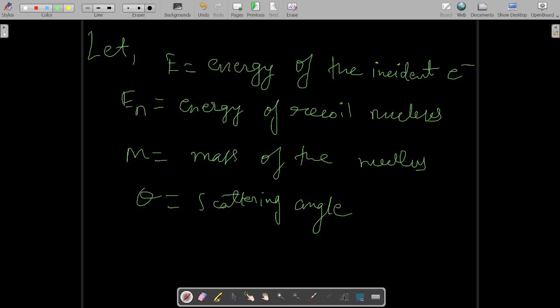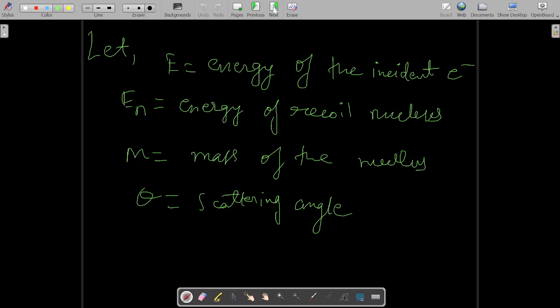So from the theory of quantum scattering, now don't go into the proof of this equation which I am going to write over here, because it is not required for you. So just mug up this particular part from the theory of Compton scattering.